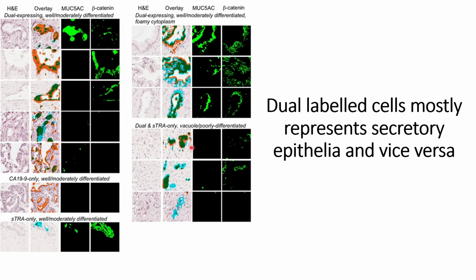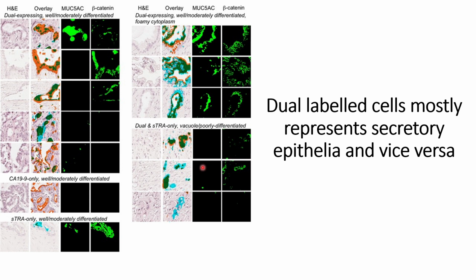CA19-9 is dominant. So from the previous results we can make the point that MUC5AC's presence will be lower and beta catenin presence should be higher compared to MUC5AC, and this is what they have observed.